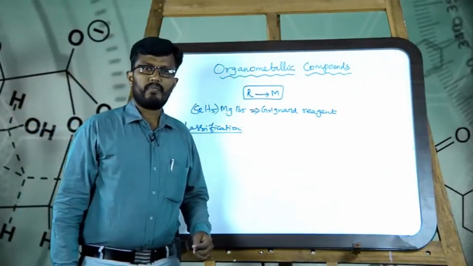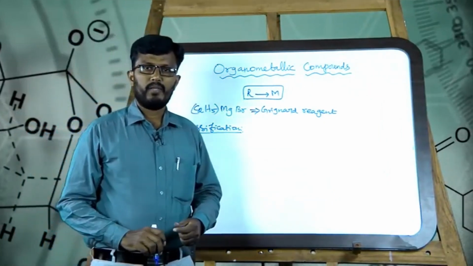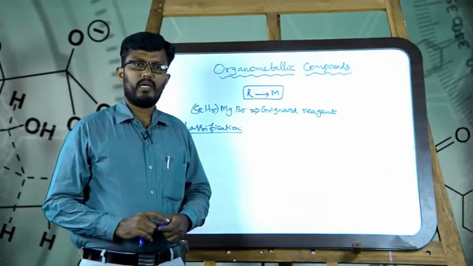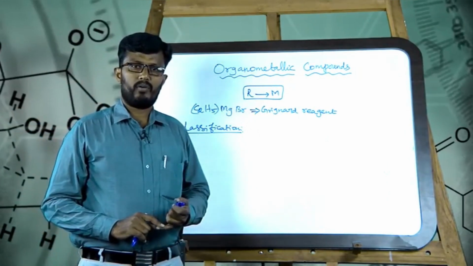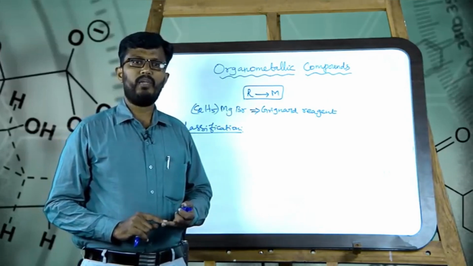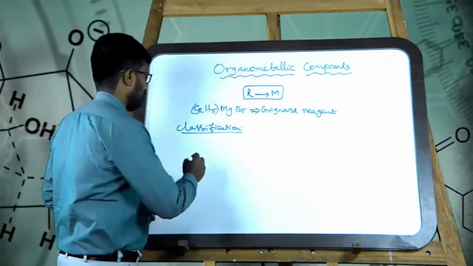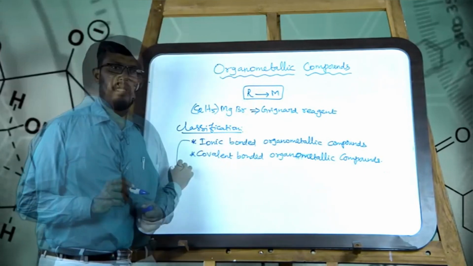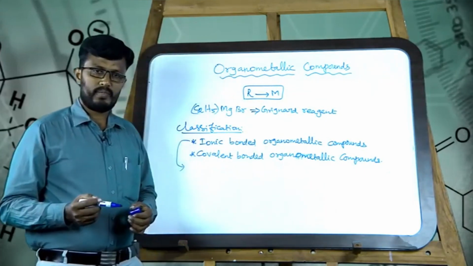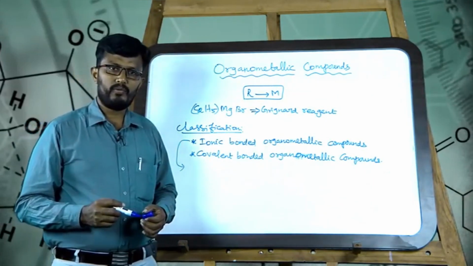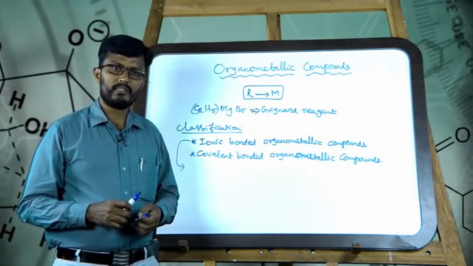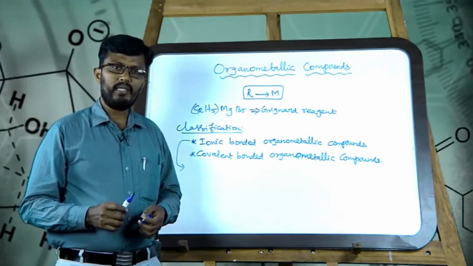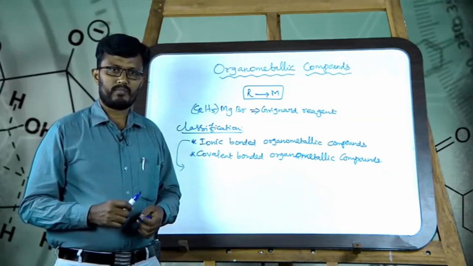On the basis of the metal carbon bond, organometallic compounds are classified into ionic bonded organometallic compounds and covalent bonded organometallic compounds. Ionic bonded organometallic compounds means that organometallic compounds of alkaline earth metals, lanthanides, and actinides predominantly form ionic bonds.